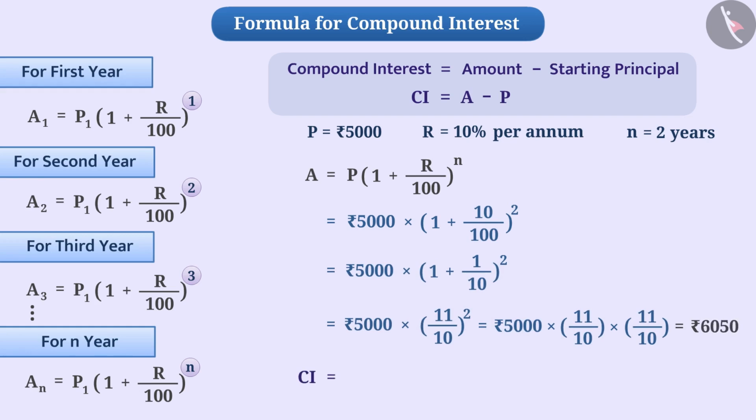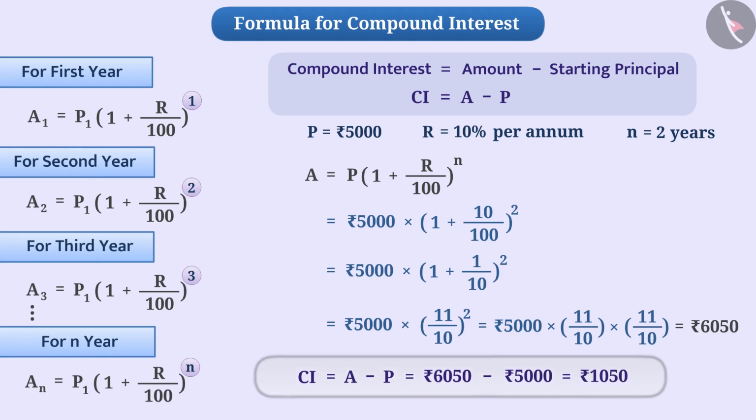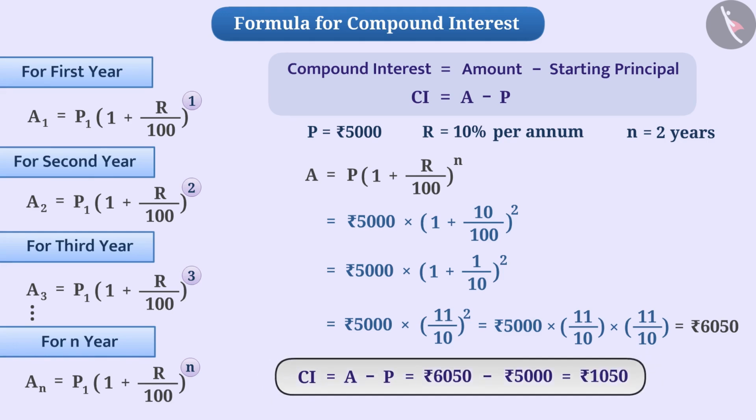Now CI is equal to A minus P, is equal to rupees 6,050 minus rupees 5,000, is equal to rupees 1,050. In this way, you can calculate compound interest from the formula.